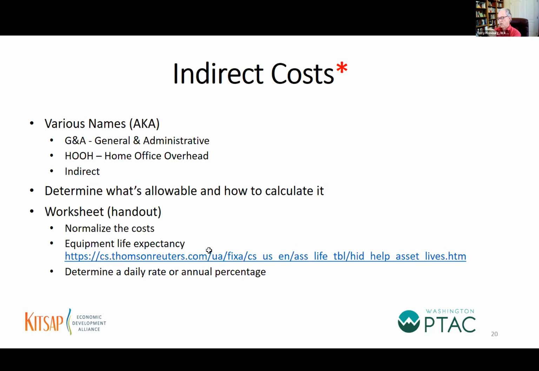Now you can then get it down to a monthly rate, a daily rate, and an hourly rate. So depending on the solicitation that you're entertaining, competing for the award of a contract, in some cases you may have to use a daily rate. In other solicitations, you're putting in an annual rate, which is a percentage.